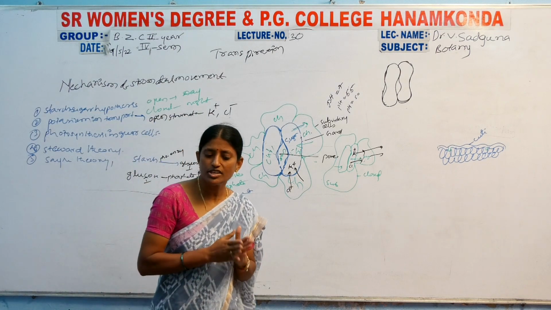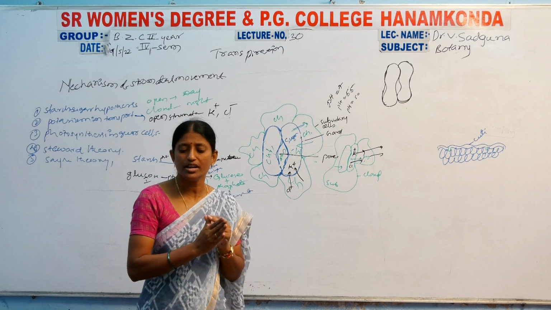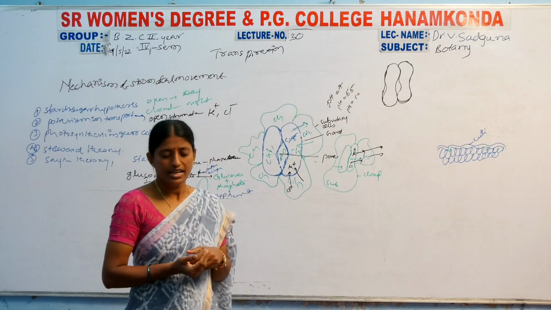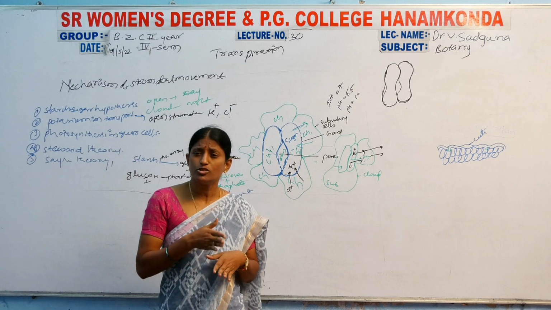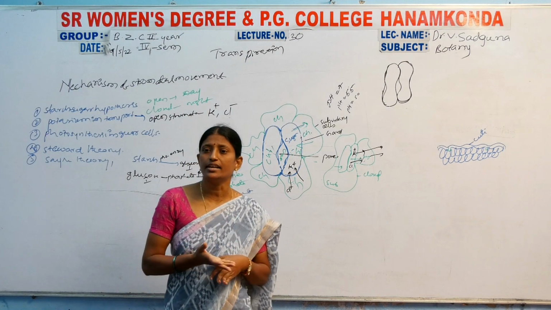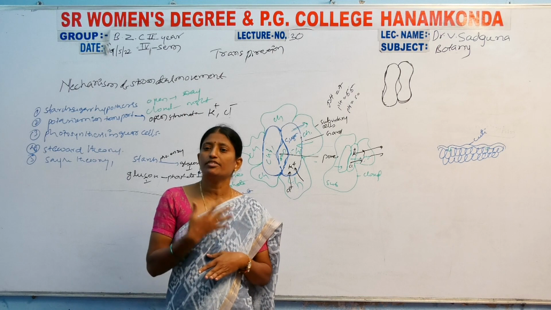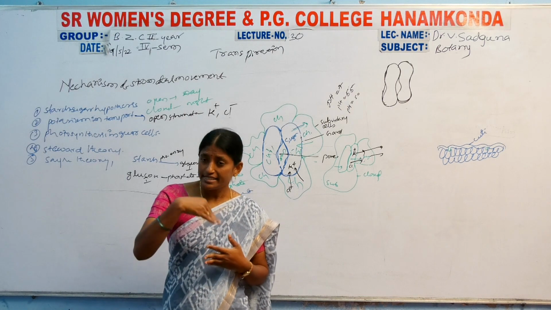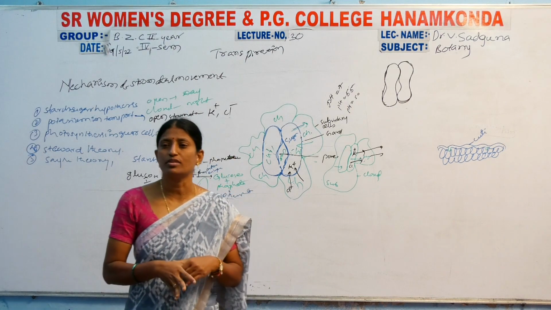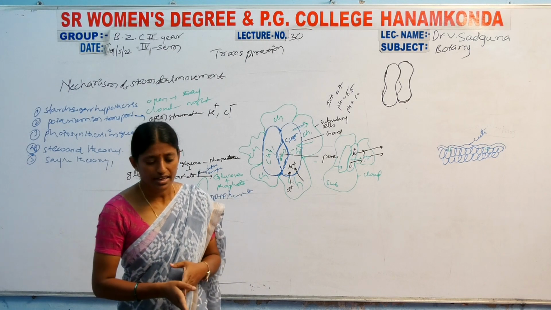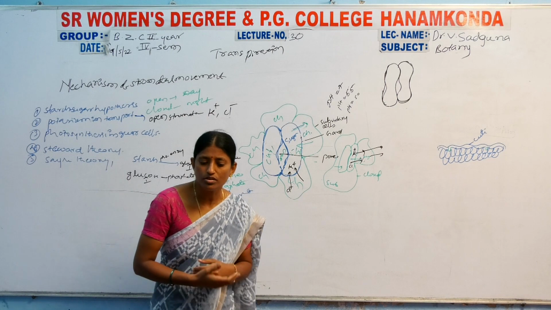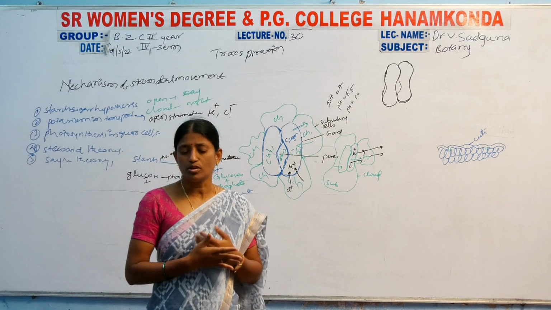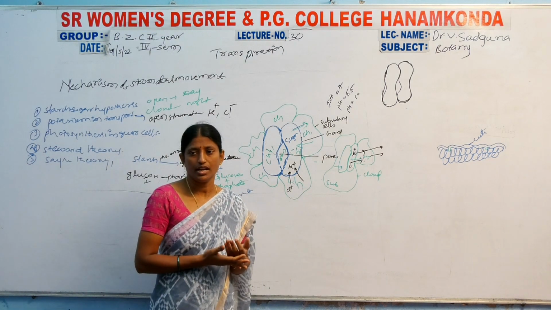Whenever the stoma is closed, we can use an artificial, acidic medium. When the pH is 7 or more, the stomata are completely open.